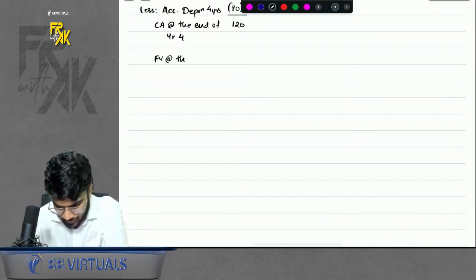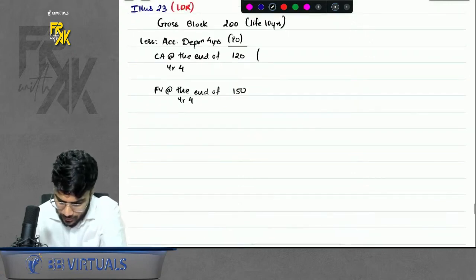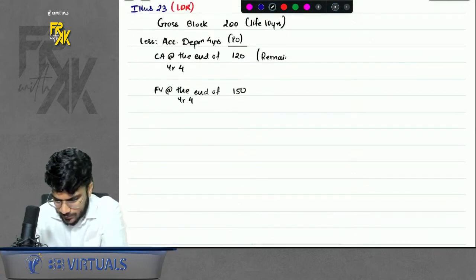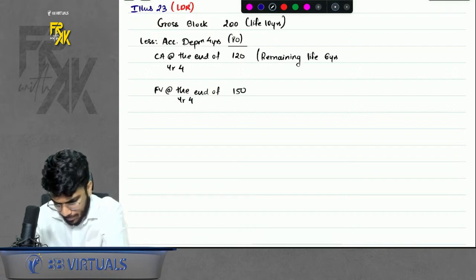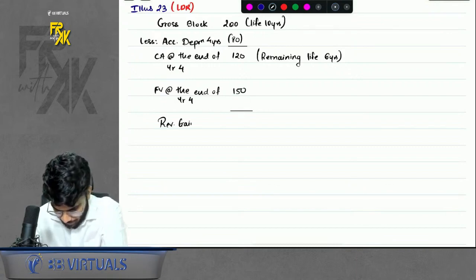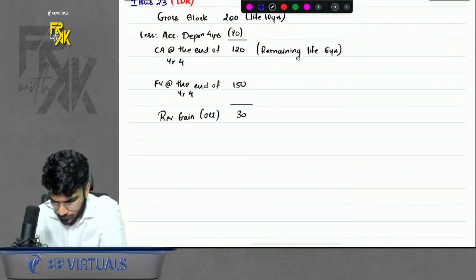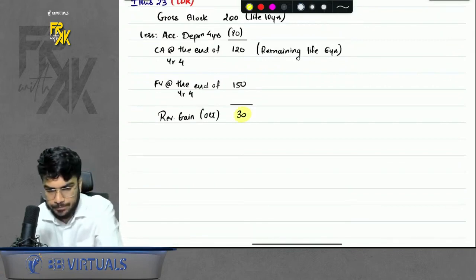Then you will get fair value at the end of year 4, which was given as 150, right? Also we can write after depreciation the remaining life is 6 years. What is the amount of revaluation gain? We get it as 30.